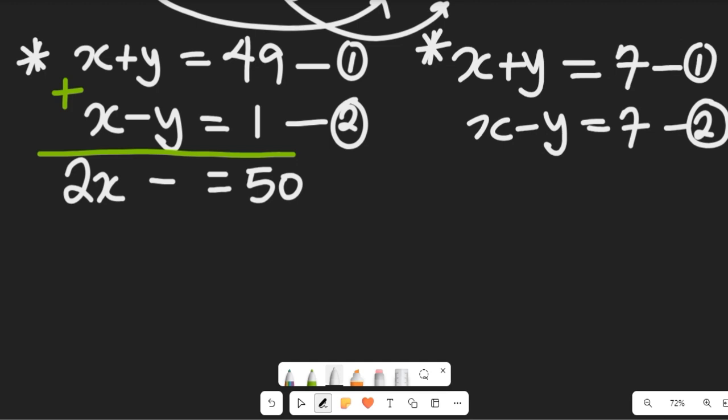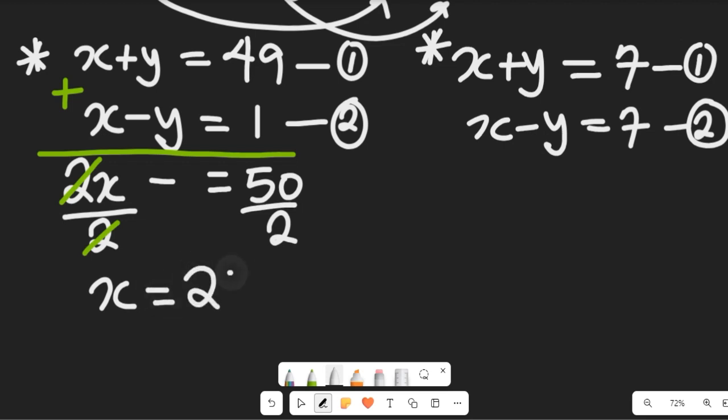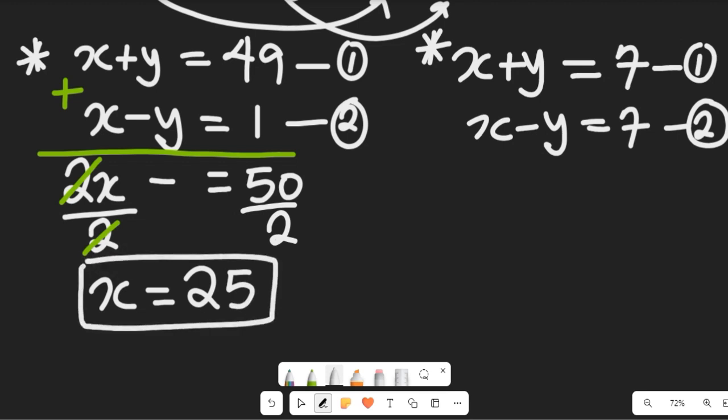If we simplify this, dividing both sides by 2, the 2 clears 2, and the value of x will be equal to 50 divided by 2, which gives us 25. So the value of x is 25.